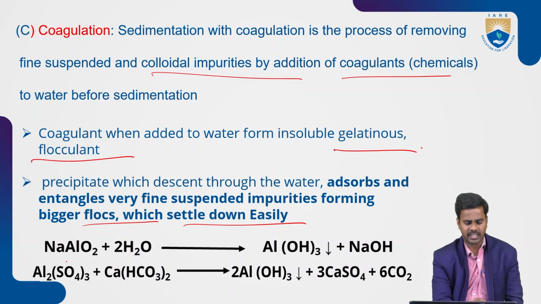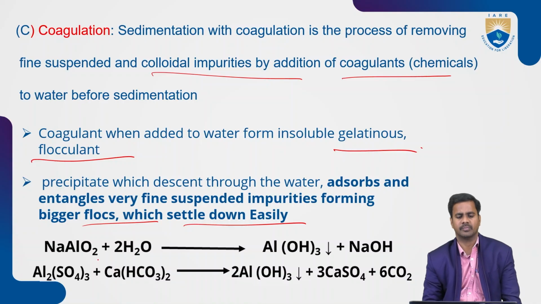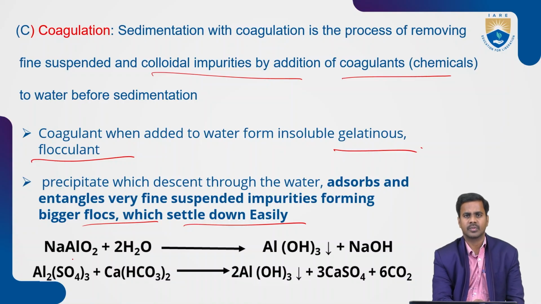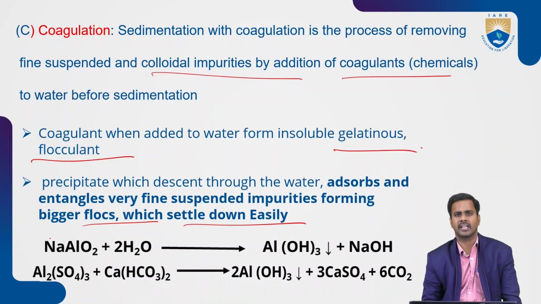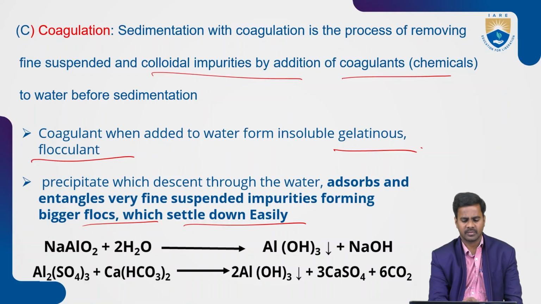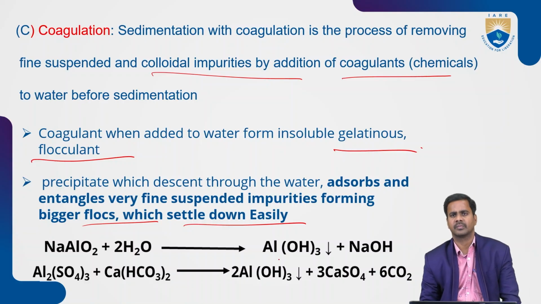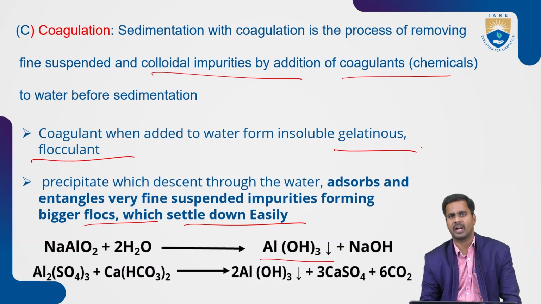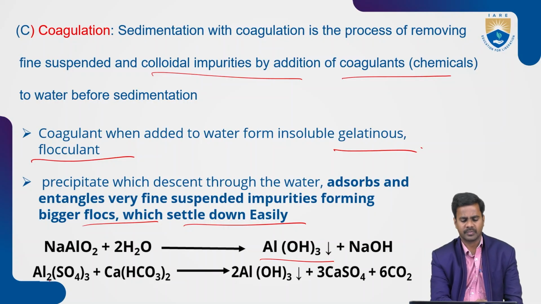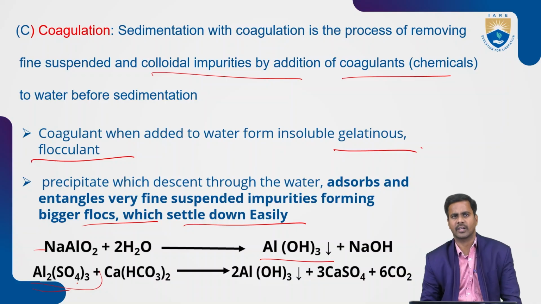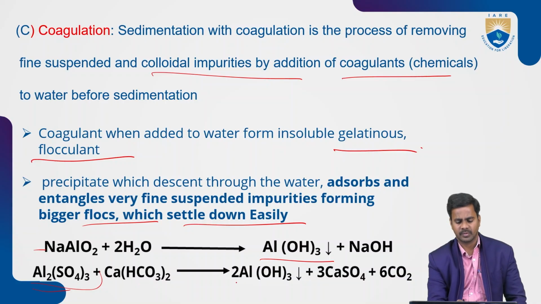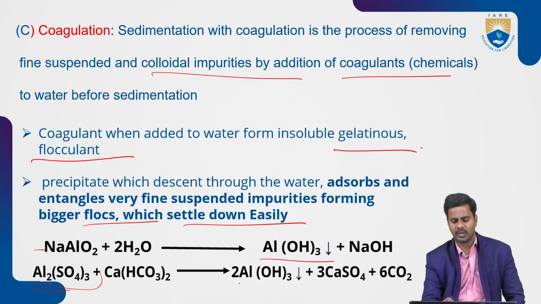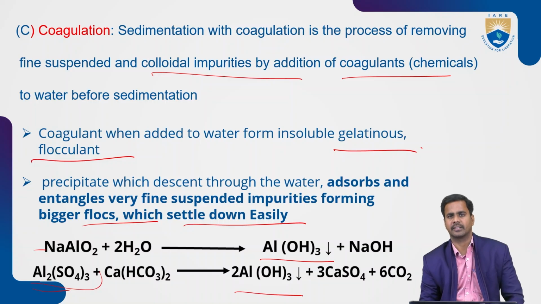Here we can see some coagulants. Sodium aluminate forms insoluble precipitate aluminum hydroxide, and aluminum sulfate can also be used as a coagulant to form aluminum hydroxide insoluble precipitate.